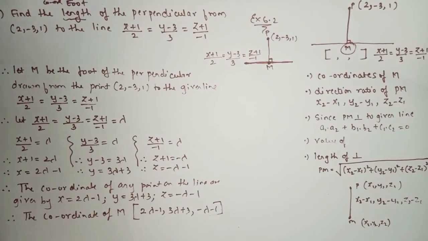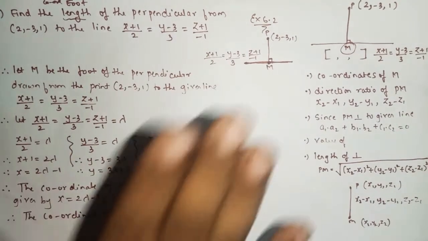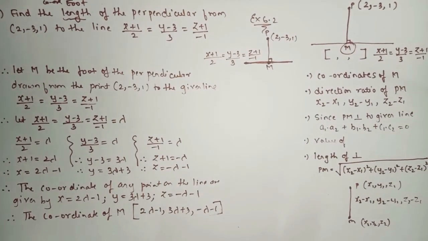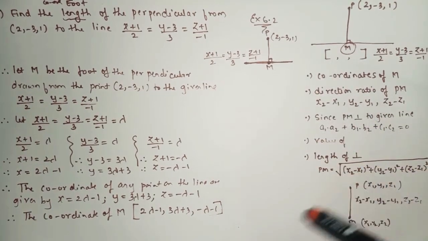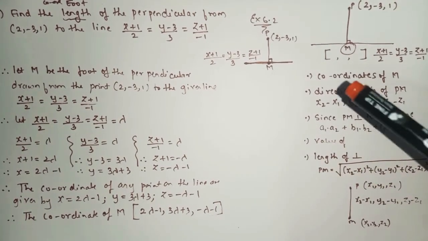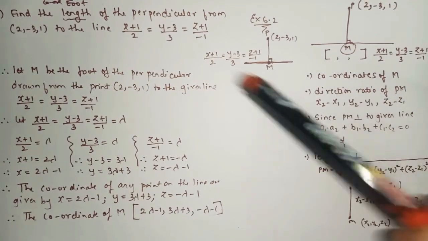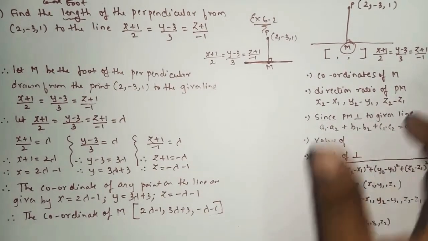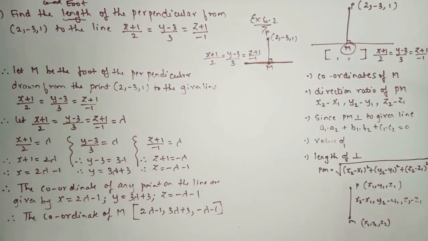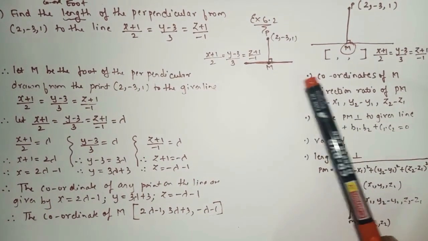So be careful and pay attention to what exactly I am saying and what we have to do to find the length of the perpendicular. Just follow this step to get the answer. That's it. So we're done with the first part.